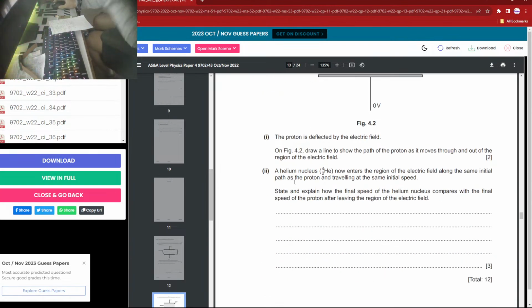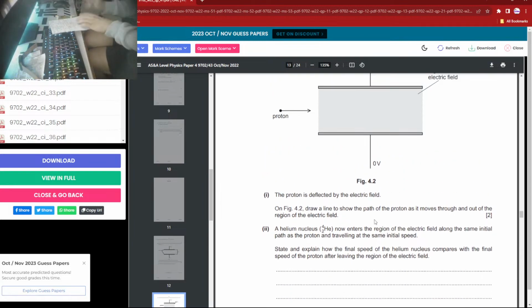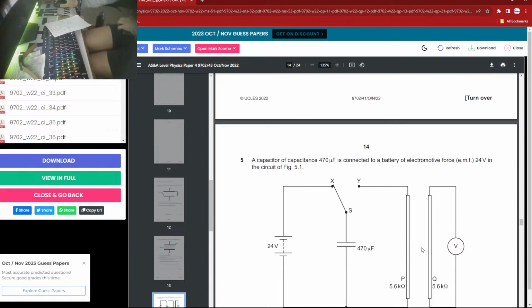Oh, sorry. It's asking for the speed, not the path. Okay, so it'll have a greater... Wait, no, sorry. Less speed when it exits the field, because more mass means less velocity due to the momentum formula. Okay. Hence, less speed. That should be it. Okay.